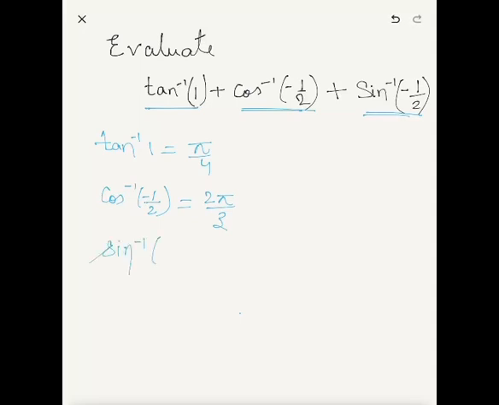Sine inverse minus 1 by 2. Here I've already taught you just now that the range is minus pi by 2 to pi by 2, isn't it? This is your pi by 2 and this one is your minus pi by 2. You need negative, isn't it? Minus half. So you will go in the fourth quadrant. So in the fourth quadrant, what is the angle?